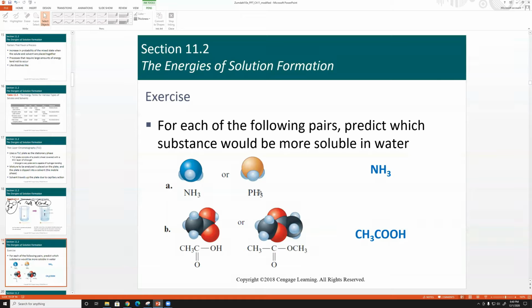Now, what about for B? We have the first one, right? So anyone guess why the first one is more soluble than the second one? CH3COOH, this is acetic acid, and yes, it has the OH. Good.